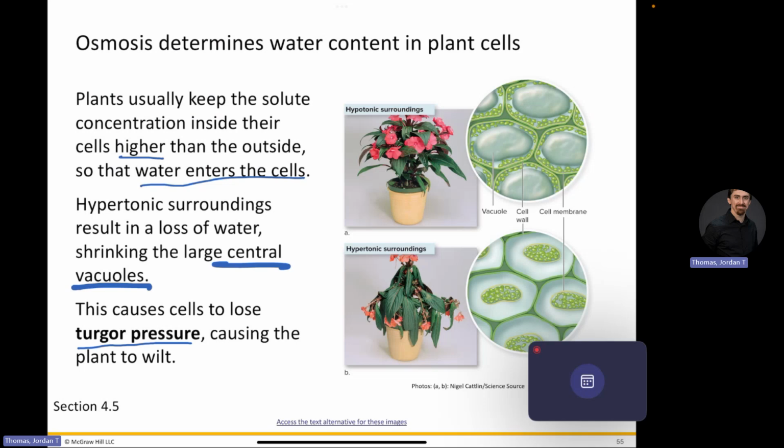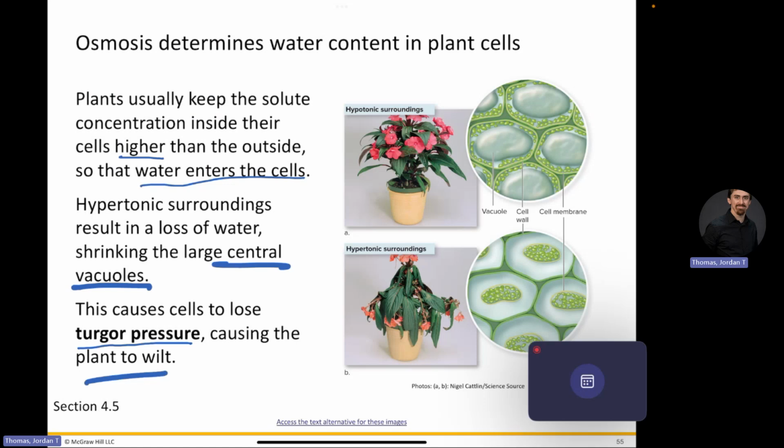We talked about in the last scene how the vacuole likes to be nice and big. It likes to put pressure from within the cell to help the cell keep its structure. So when that vacuole shrinks, when the cell's in a hypertonic solution, that means we lose that turgor pressure, and that causes the plant to wilt.